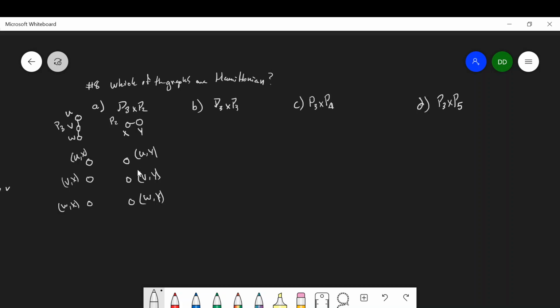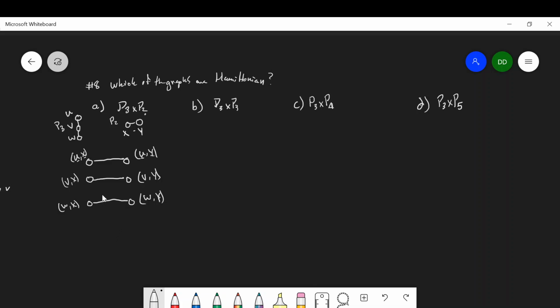Well, the definition of the Cartesian product says that two vertices are adjacent in the Cartesian product if they share the same first coordinate and the second coordinates are adjacent in the second graph. So since x and y are adjacent in the second graph, these two should be adjacent. Here, these two both share v, and they're adjacent in the second graph, x and y again. And here again, that would be an edge.